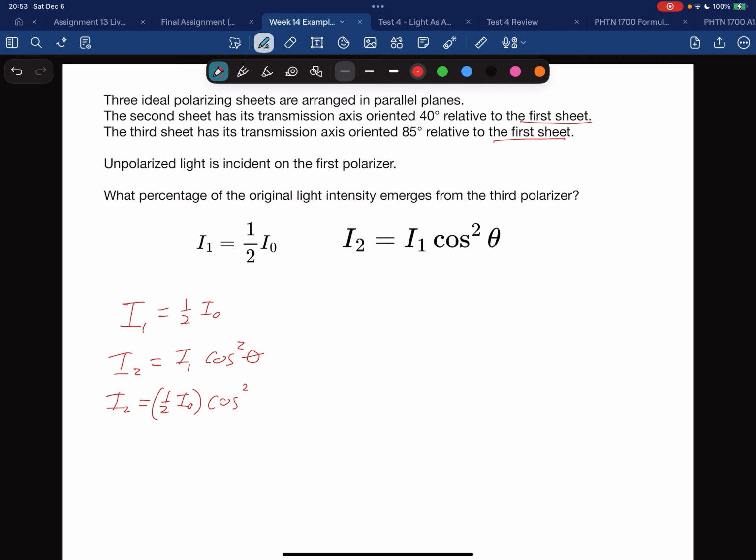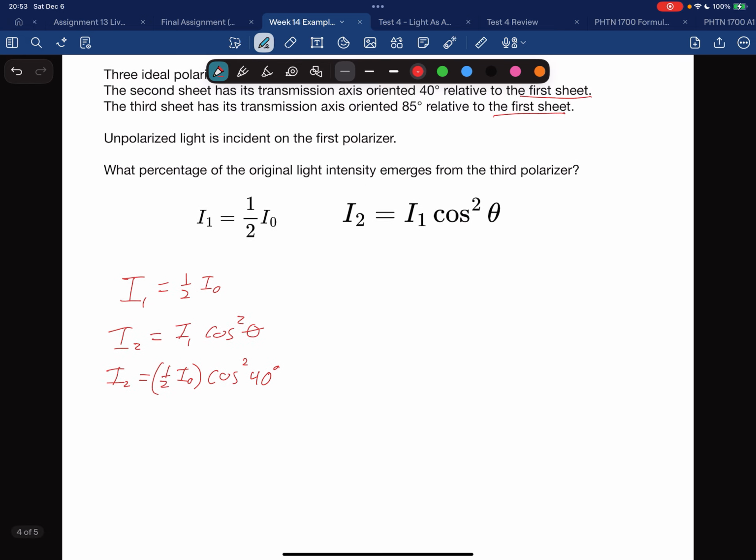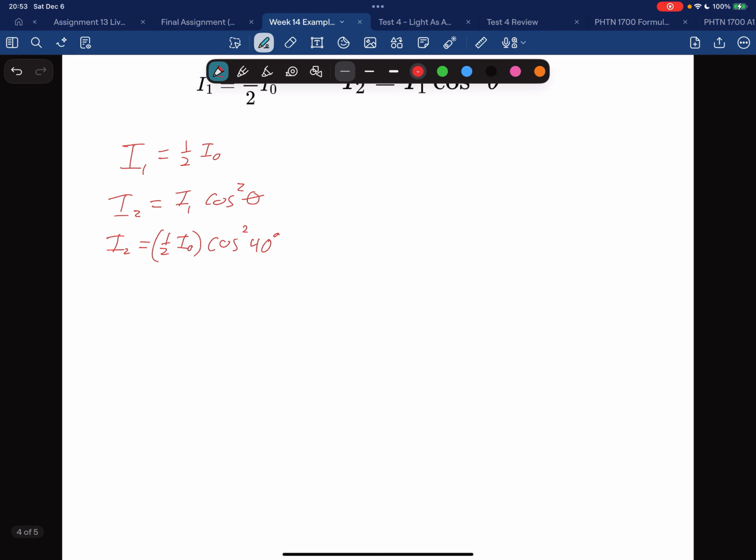And now I take my 40 degrees, because this second sheet is tilted 45 degrees relative to the first sheet. So cosine squared of 40, I get a long decimal.